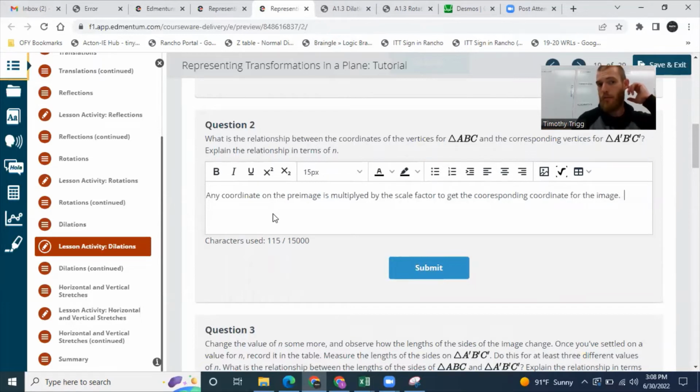Okay, so any point on the pre-image, you can multiply it by that scale factor to get the point for the image. Okay, hopefully that makes sense.